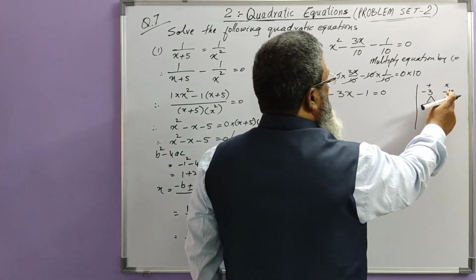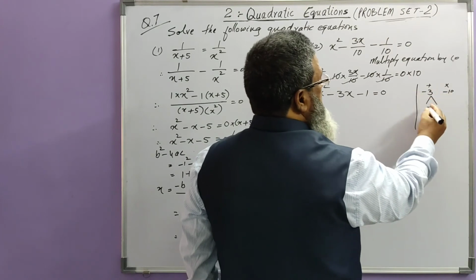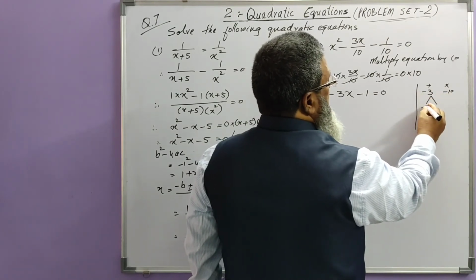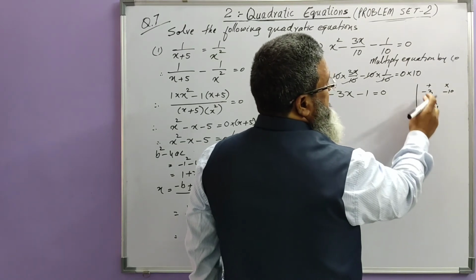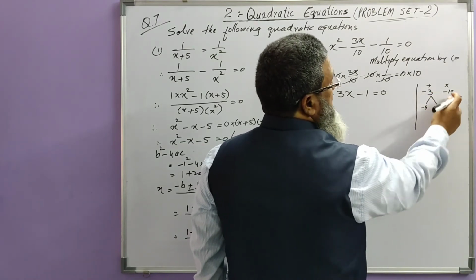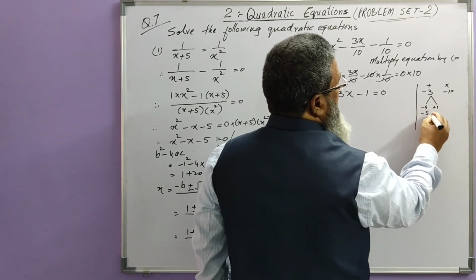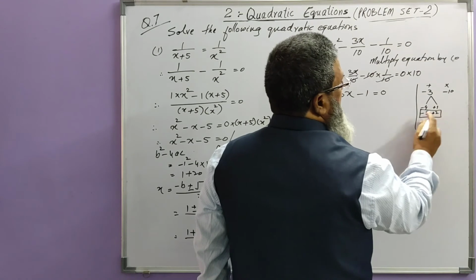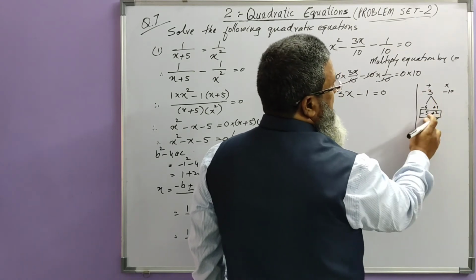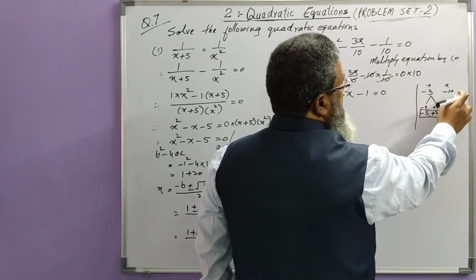Minus 10 means one is plus and one is minus, so minus 4 and plus 1. Minus 4 minus 1 is minus 3, but you can't get this number. So minus 5 and 2, these are the two factors. Minus 5 and 2 you will get minus 3, and in multiplication minus 5 and 2 is minus 10.